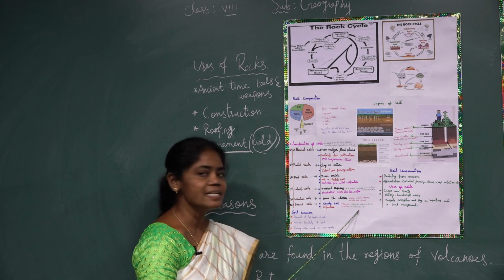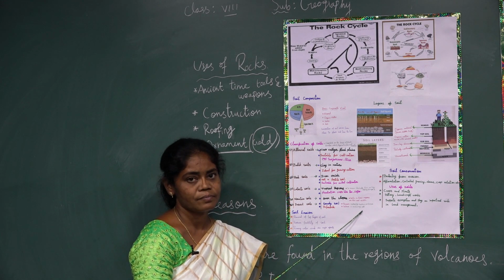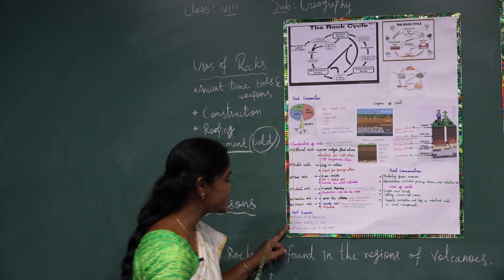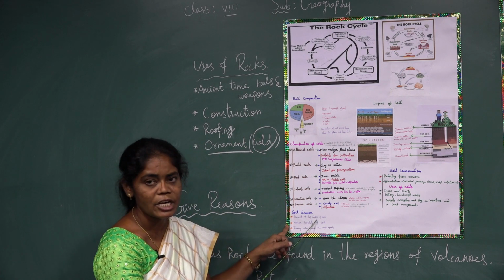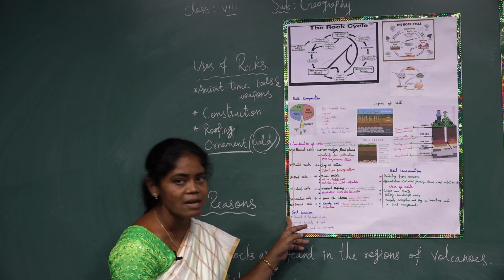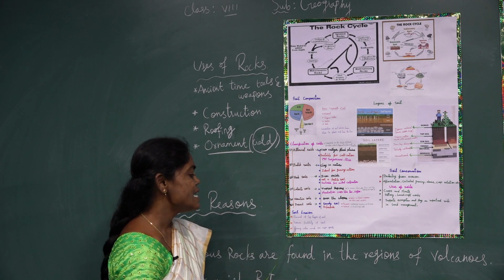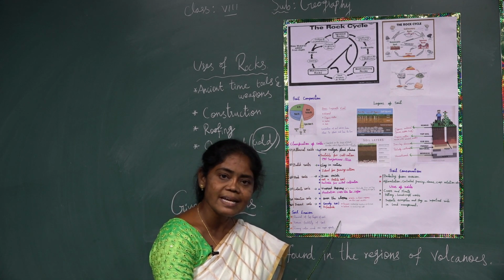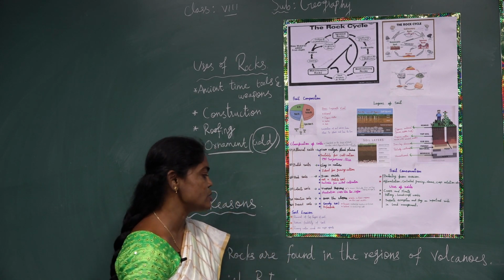And saline means it contains salt. Now we have seen the classification of soils. Last we will see soil erosion. Erosion means removal, the removal of the top layer of soil. How does it remove? By running water and wind. These are the major agents of soil erosion.